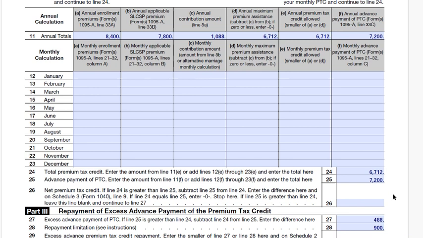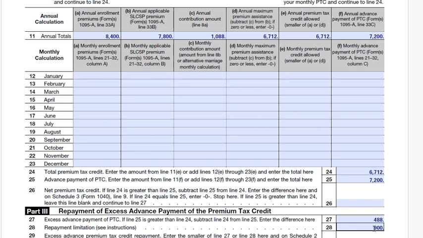So once again, the government will only subsidize 6,712 towards the insurance premium, but the government paid the health insurance company $7,200, which means that the government has overpaid. And so now the single filer, John Smith, has to repay the government $488. And then we cannot leave line 28 blank.